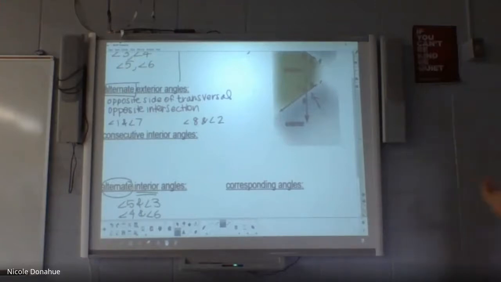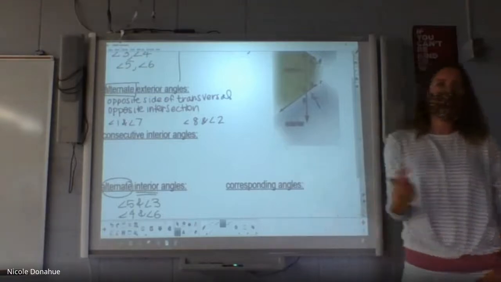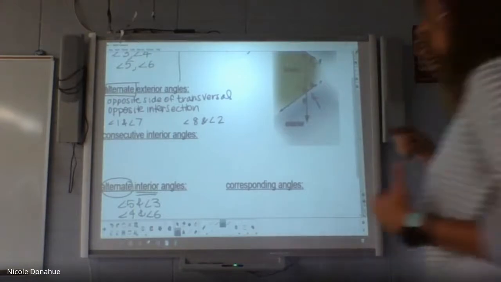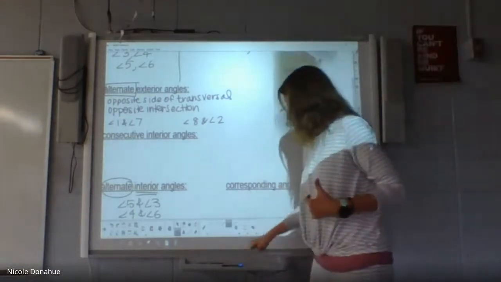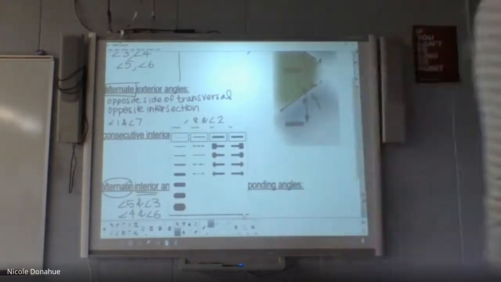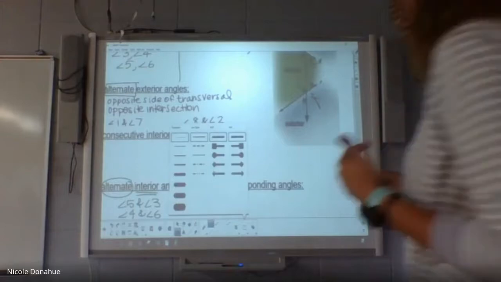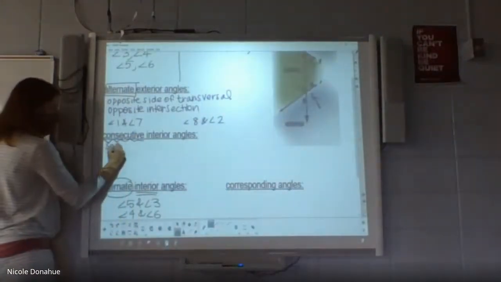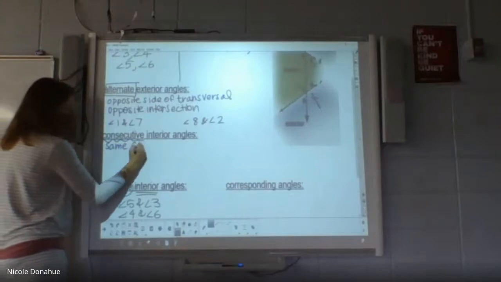All right. The next one is consecutive interior angles. So if alternate is completely on the opposite side, consecutive means right in a row. So consecutive interior angles means basically next to each other, or the same side of the transversal. So consecutive is the same side of the transversal.